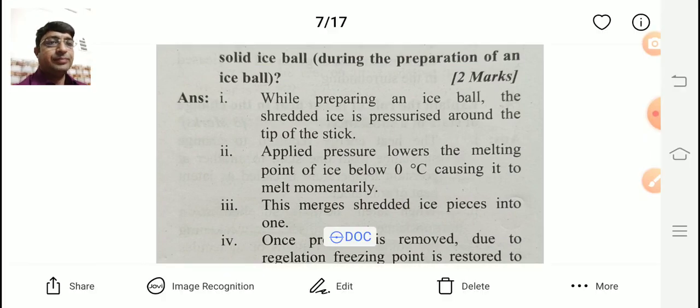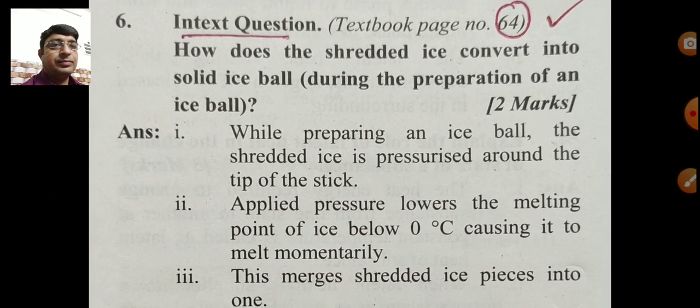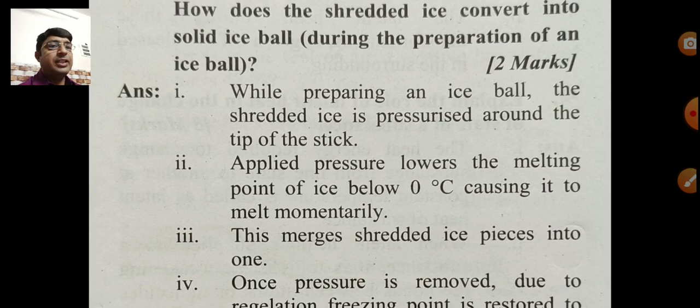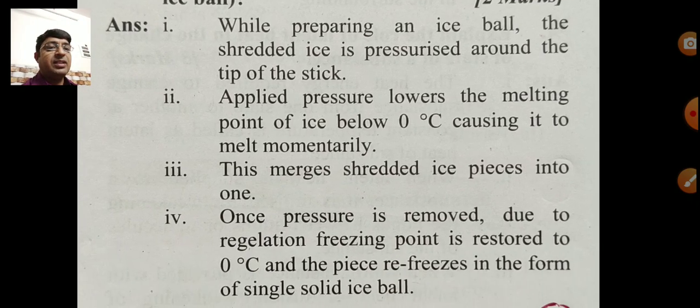Check here. The question is given here for 2 marks. First point: while preparing an ice ball, the shredded ice is pressurized around the tip of the stick. Applied pressure lowers the melting point of ice below 0 degrees Celsius, causing it to melt momentarily.